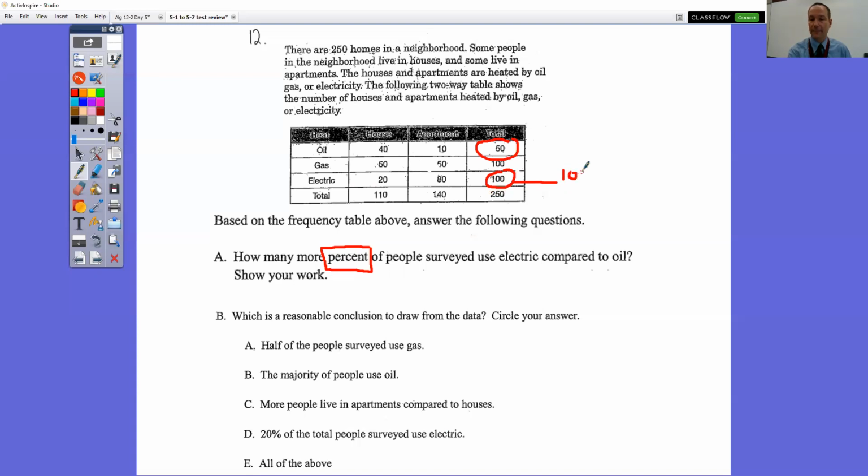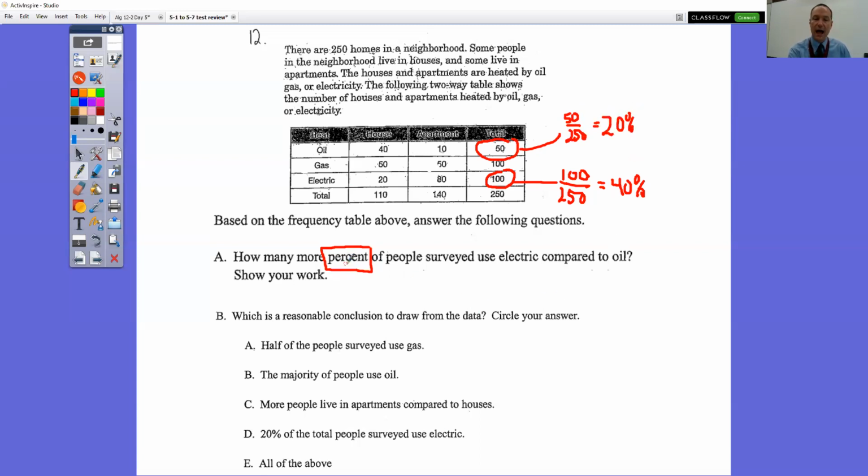For electric, it is 100 out of 250 people. Well, top divided by bottom, 100 divided by 250 gives you 40%. Here for oil, you have 50 out of 250. 50 out of 250 would give you 20%.